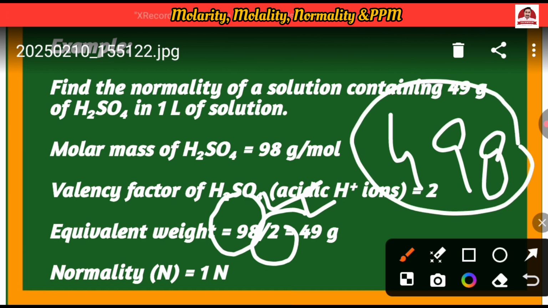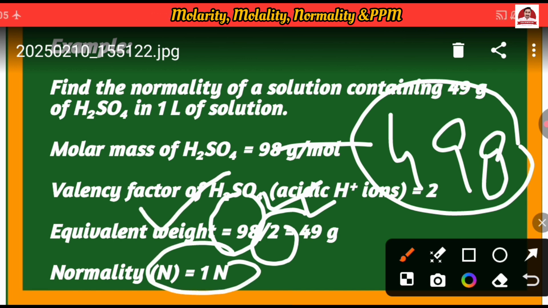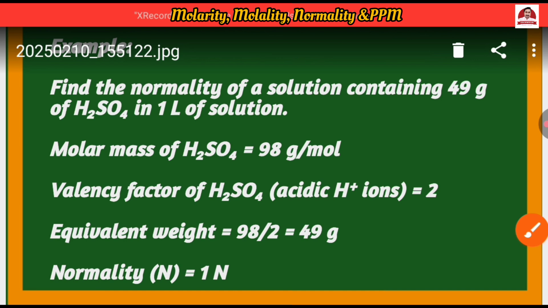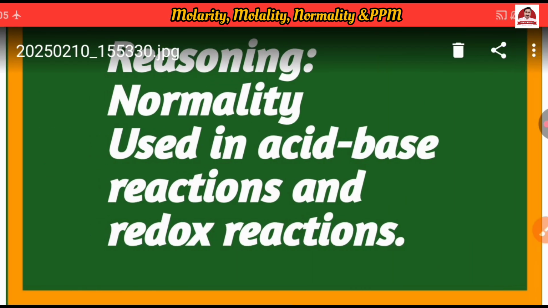So this 49 gram is the equivalent weight of the sulfuric acid, and when it is dissolved in 1 liter, this is a 1 normal solution. Normality is used in acid-base reactions and redox reactions.